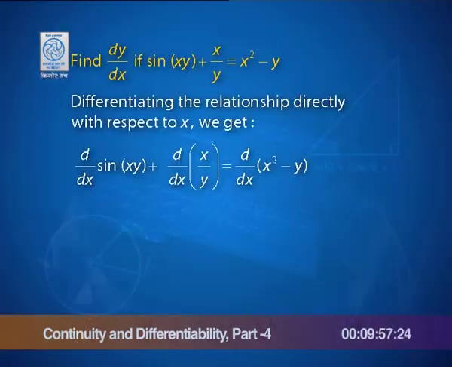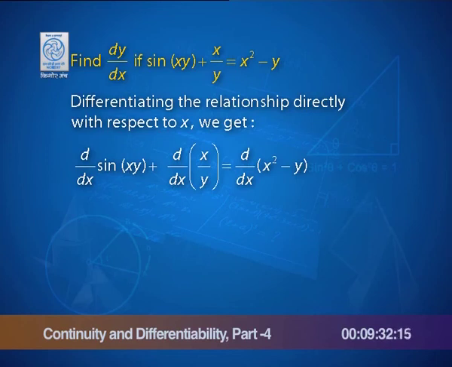We have the question which says find dy by dx if sine of xy, the product xy, plus x by y is equal to x square minus y. Again, differentiating the relationship with respect to x, we get derivative of sine of xy plus derivative of x by y is equal to derivative of x square minus y.